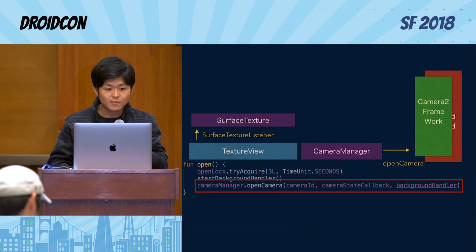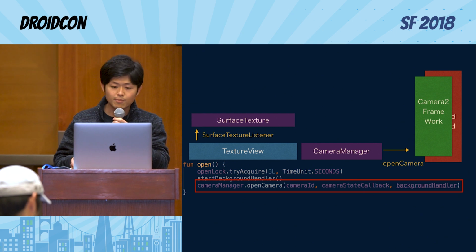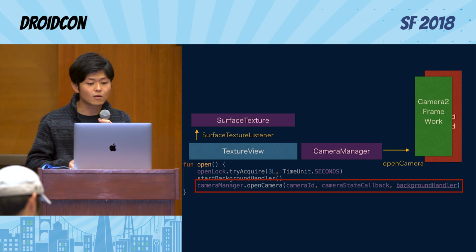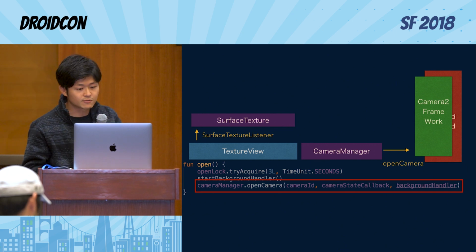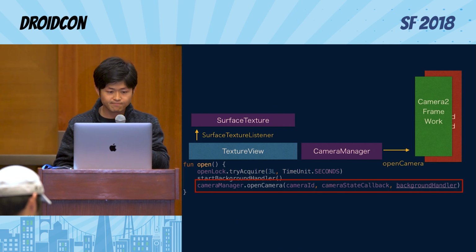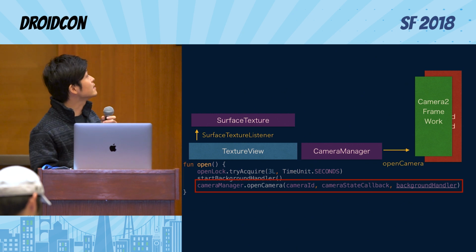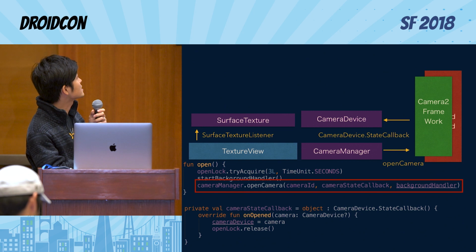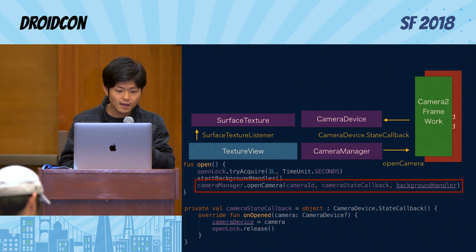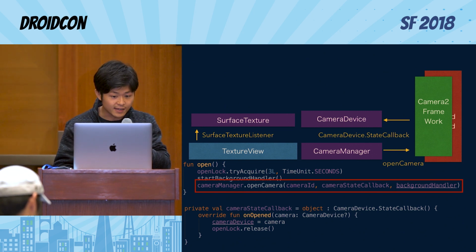And then once the background thread is ready, we call openCamera on the camera manager, which returns the camera device as a result. Here you can see the camera device is coming back from this camera state callback. And once the camera device is ready, we can unlock the semaphore.